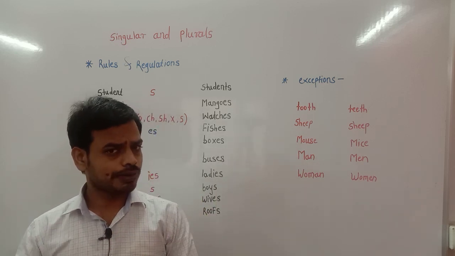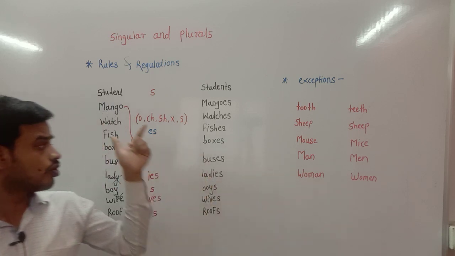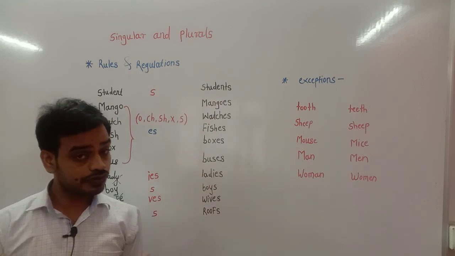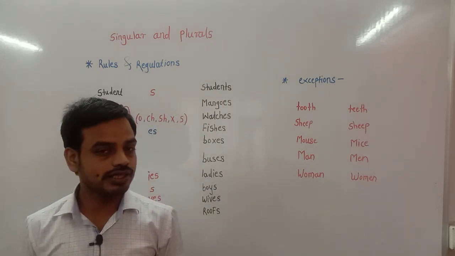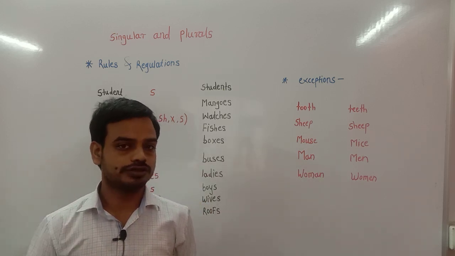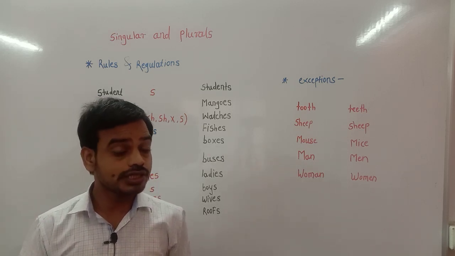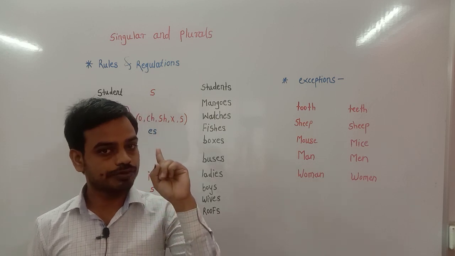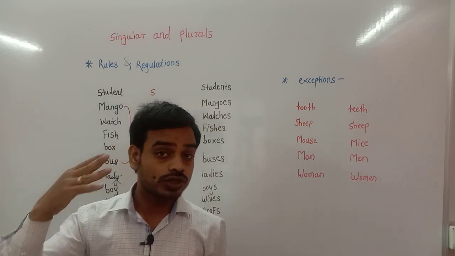So ignore that part, come to our point: if we know singular, then how to convert it to plural. But before that, we must know what singular means and what plural means. Singular means only one thing and plural means two or more than two. Remember, singular means only one thing and plural means two or more than two.